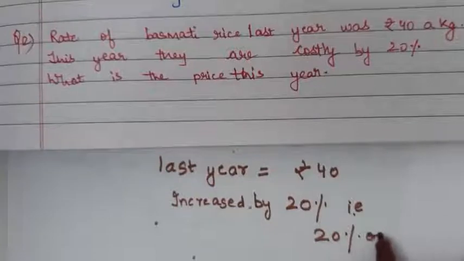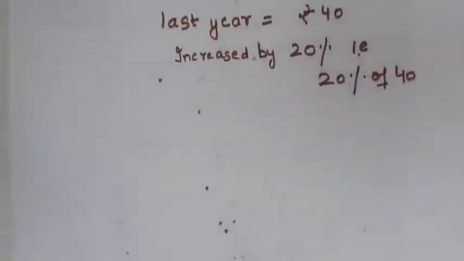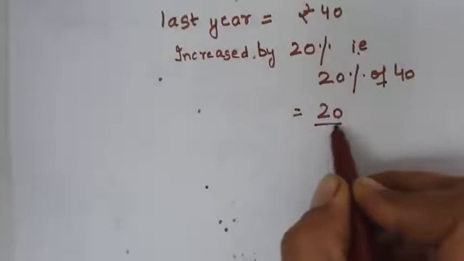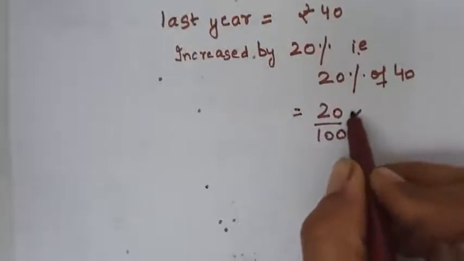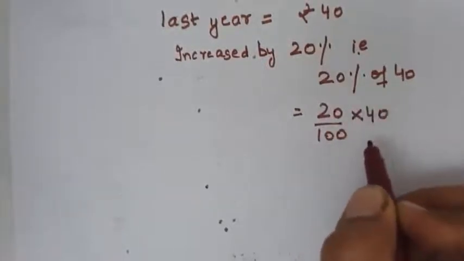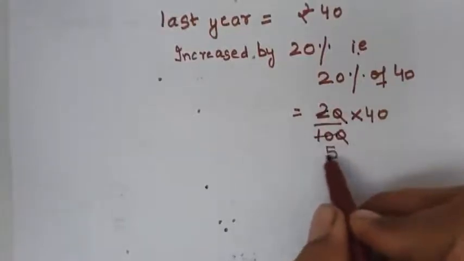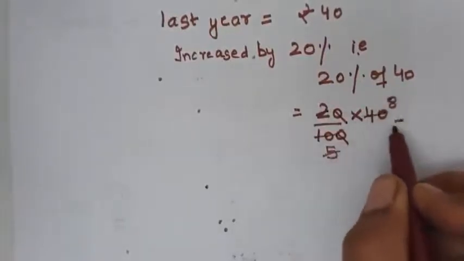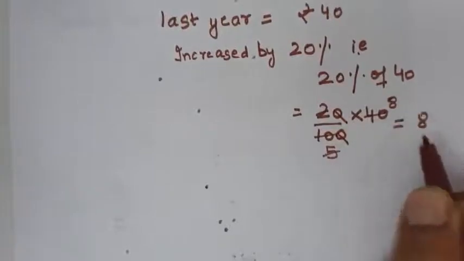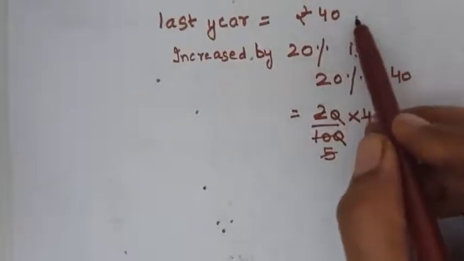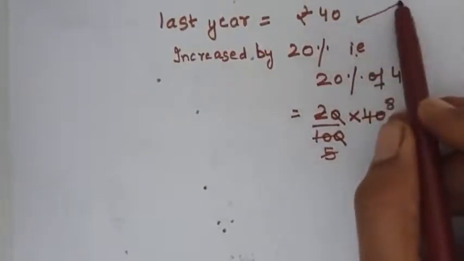That is 20% of 40. Now this will be 20 upon 100 multiplied by 40. So after doing cancellation, 5 8s are 40, we get 8. Now last year the price was 40 rupees.